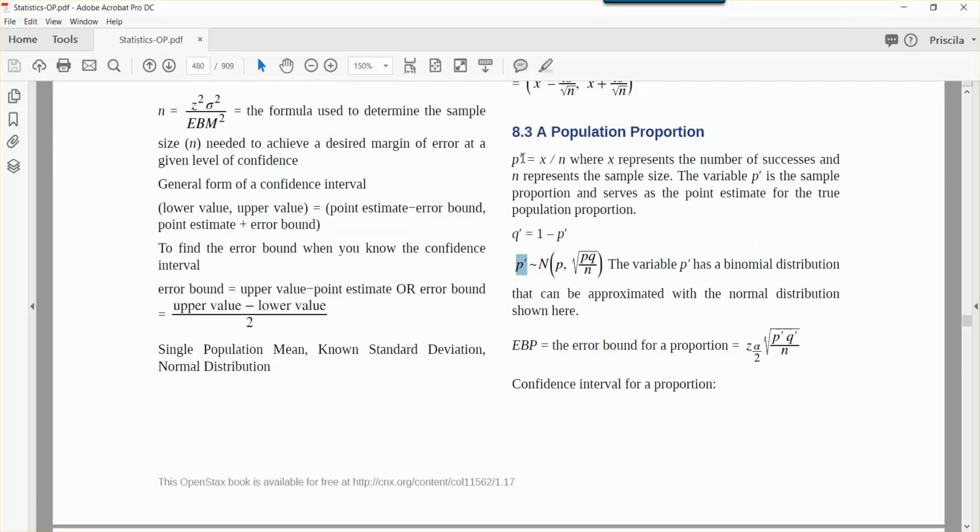So the P hat is equal to x divided by n, where x is the number of successes and n represents the sample size. Therefore, x is the number that you're looking for to get the proportion, and n is the whole sample size. You could think of p hat as your number of successes in a binomial distribution, and q hat as your number of failures in a sample size of n.